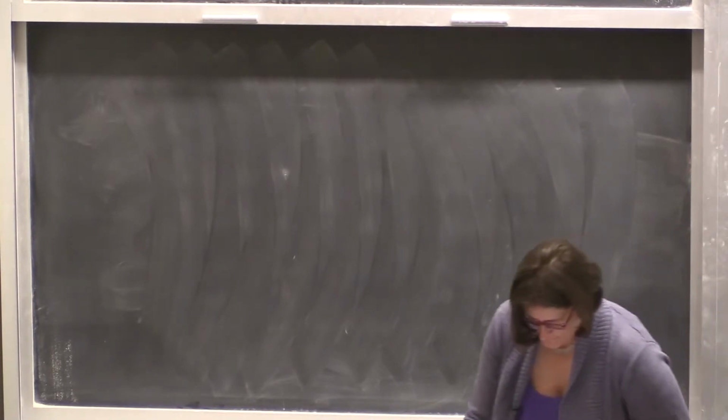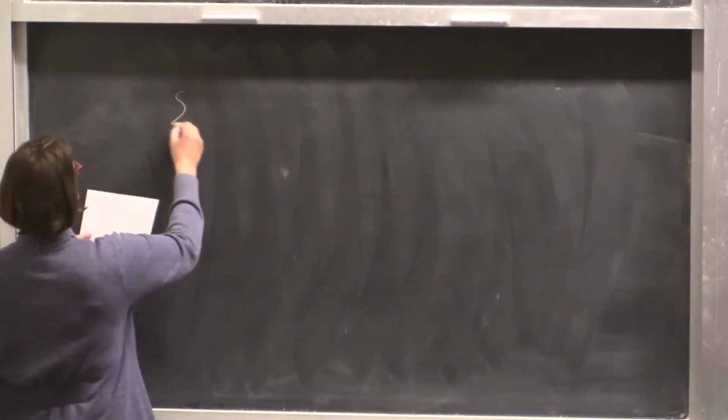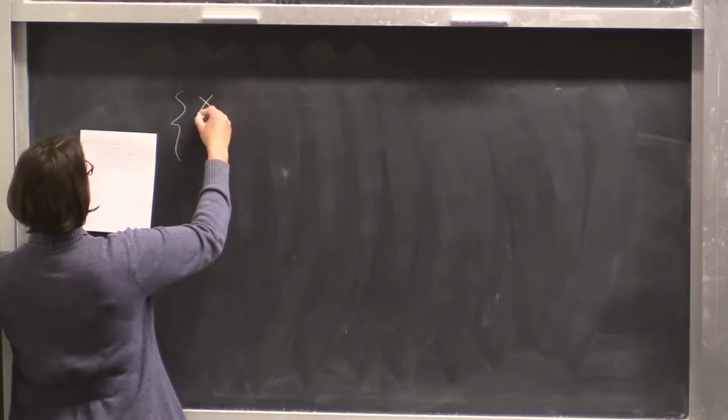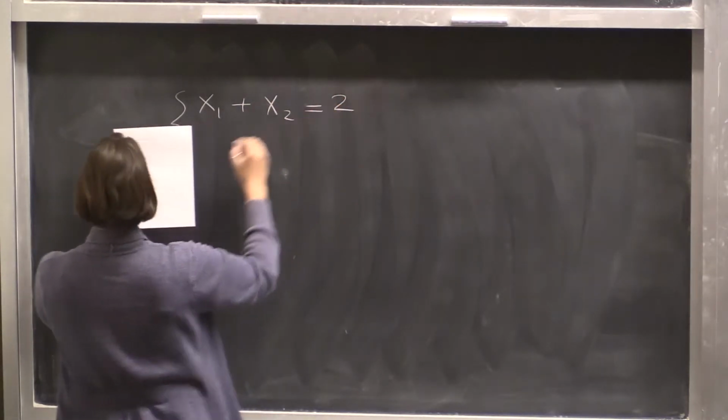Okay, so we're moving into a new chapter, which is the solutions of systems of linear equations. And I want to start with an example so that you'll see where we're going. So here we have two linear equations, and I'm just doing two equations and two unknowns because it allows me to draw.